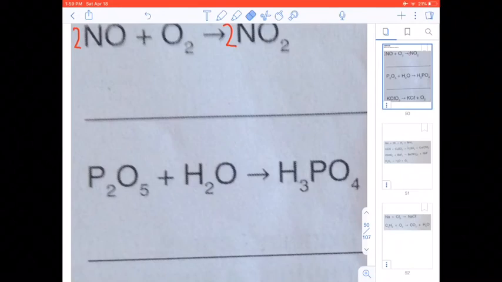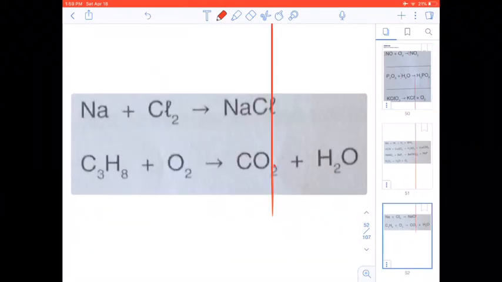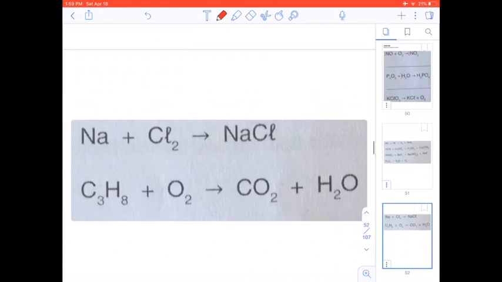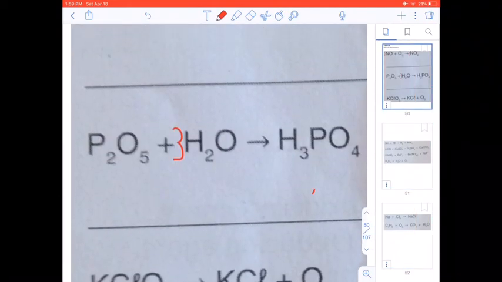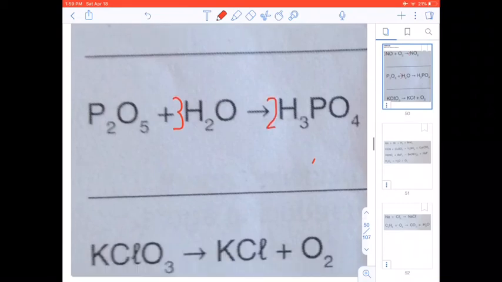If we look at that, we have 3 hydrogens on the right, 2 on the left, and 2 phosphorus on the left and 1 on the right. So to balance that, it will give us 3 there and 2 here, and it will give us 2 there.